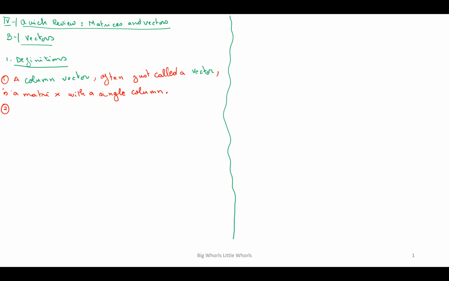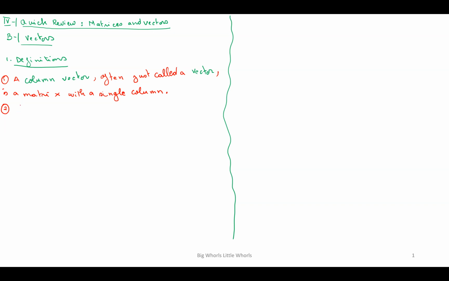Number 2, a matrix with a single row is known as a row vector. So a matrix with a single column is known as a column vector, or simply called a vector, and a matrix with a single row is just called a row vector. We don't call it a vector, we call it a row vector, but when it is a column vector, we can just say a vector.